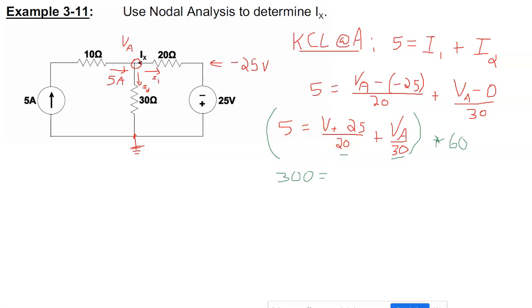You'll notice that I left out my subscript on this, and I put my plus sign instead of my subscript, so let me fix that to VA plus 25. Now, 60 over 20 is 3, so I get 3 VA, times plus 25 is plus 75. Now this term, 60 over 30 is 2, so I've got plus 2 VA.